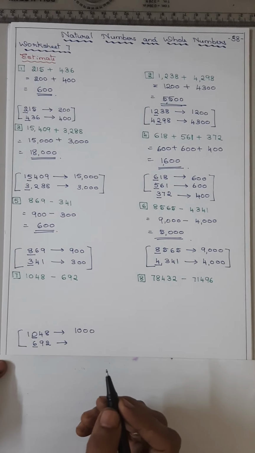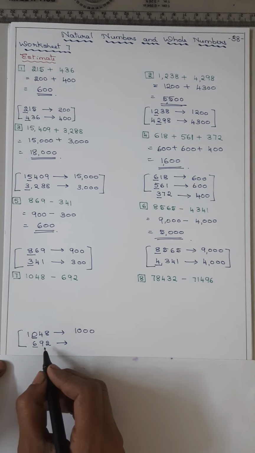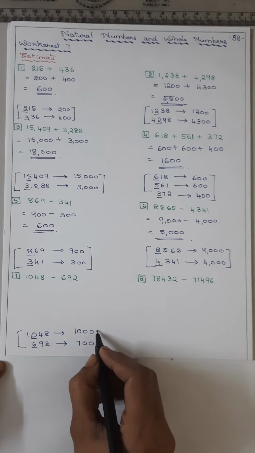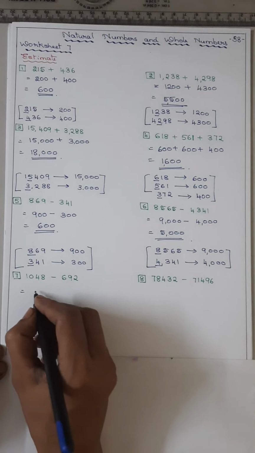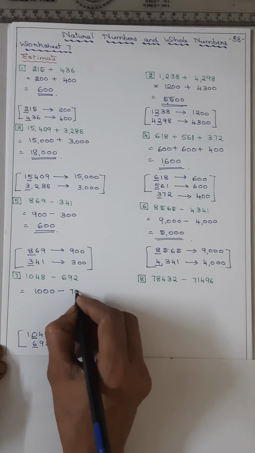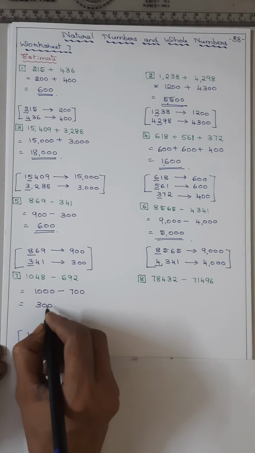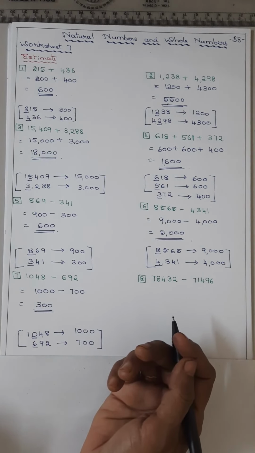Now 6 in the hundreds place, to the right side it is 9, greater than 5, so it will be 700. Now put the values. First number is 1000, second number is 700. It will be 1000 minus 700 is 300. Is it clear?